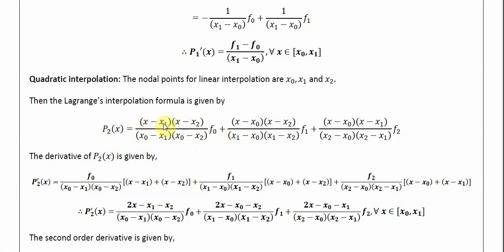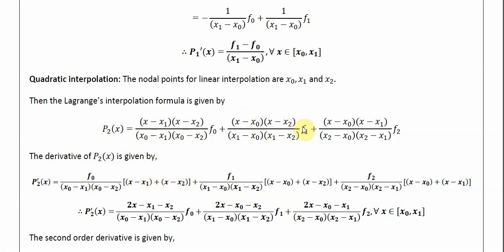So if I keep the first term constant, it is going to be x minus x1 into derivative of the second term. This is going to be 1 minus 0, that is 1 itself. Similarly, if I keep x minus x2 constant and differentiate the first term, it is going to be 1 minus 0, which is nothing but 1 only. Therefore, what happened? We had product of these terms. The derivative, when I take, it reduced to the sum of the terms.